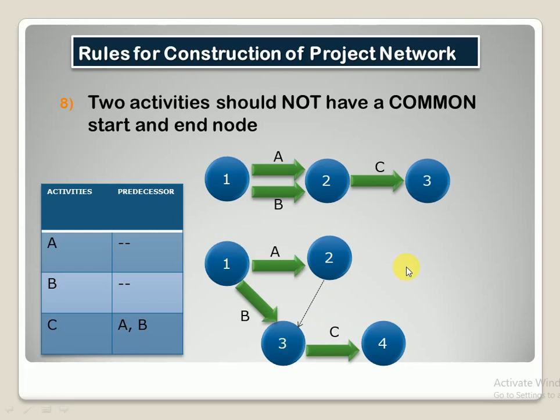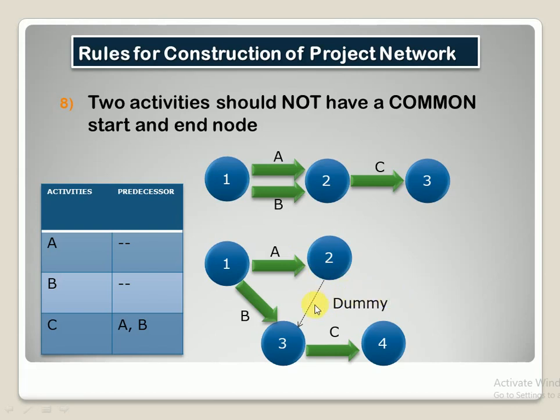But here you can see I have drawn a dotted line, and this is called the dummy line, right? Whenever you draw a dummy line, you are saying that no work is going on between 2 and 3. When you draw a dummy line, you can continue the whole network or diagram.